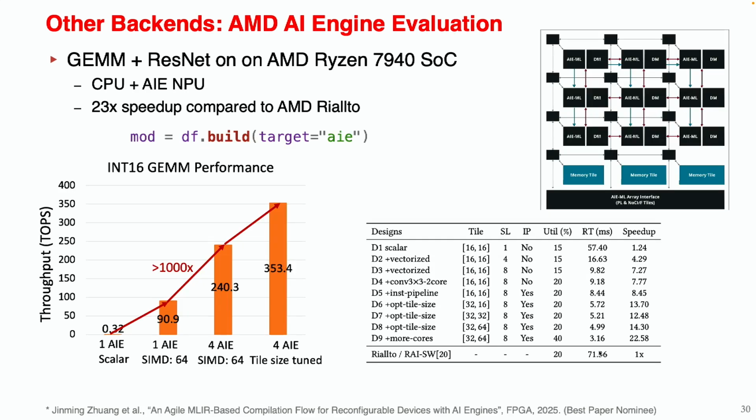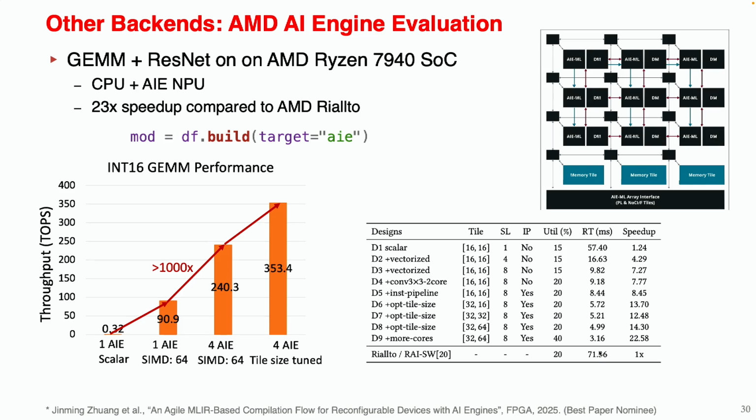We also map the structurally composed dataflow program to other backends. Specifically, we target the AMD AI Engine, which includes AIE arrays and is actually a 2D array-based dataflow architecture, just as shown on the right. And we only need to change the build target to AIE, and the front-end program remains the same.